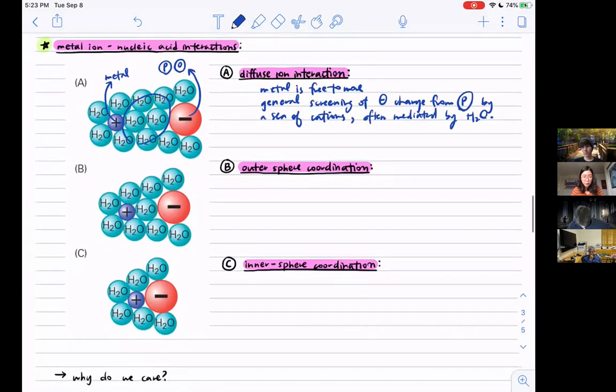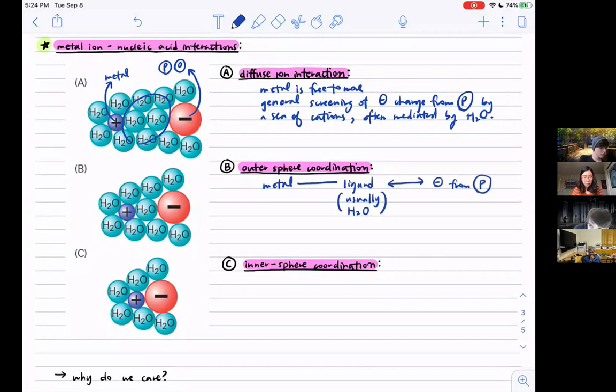Then you have outer sphere coordination, where the metal has ligands. In this case, it's water in the diagram, and it's usually going to be water when we talk about it. This ligand interacts with the negative charge from the phosphate.